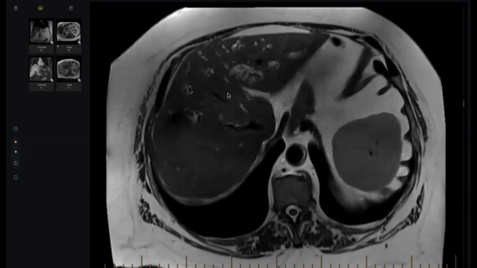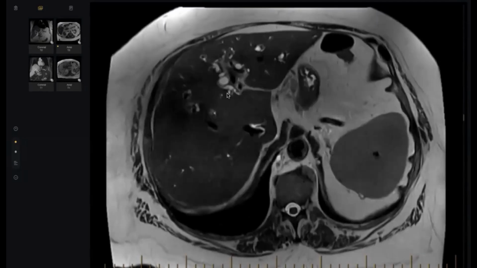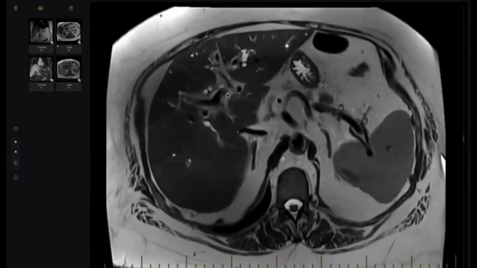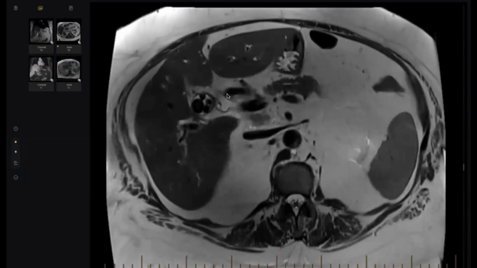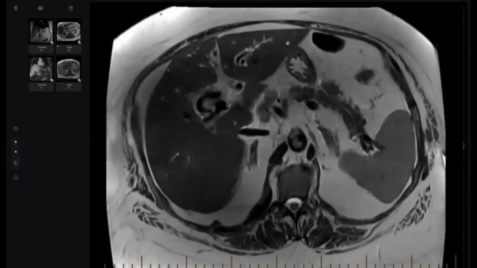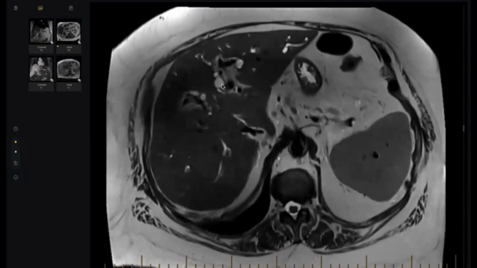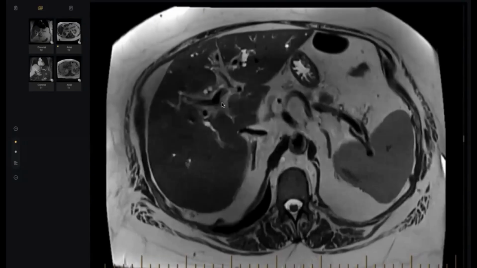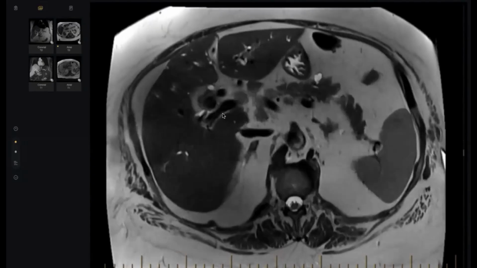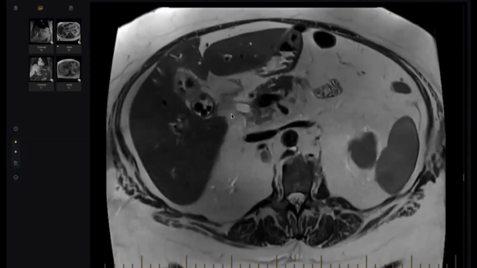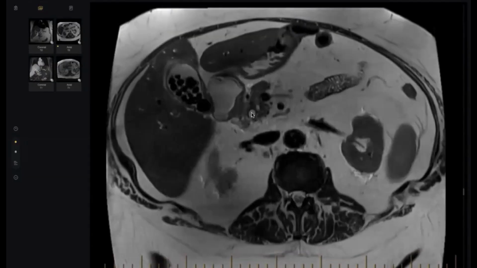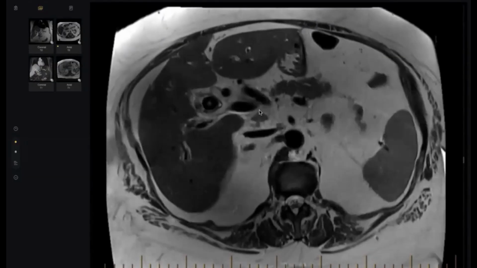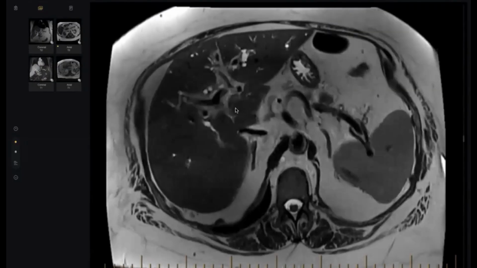Some of them show areas of dilatation, and here at the confluence, this is the CBD and this is the portal vein.